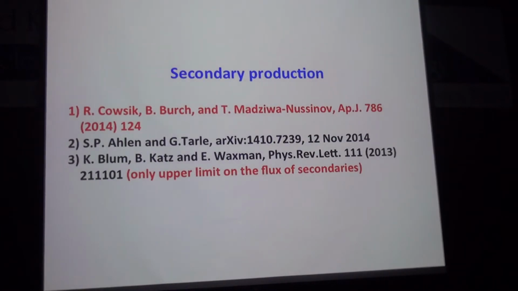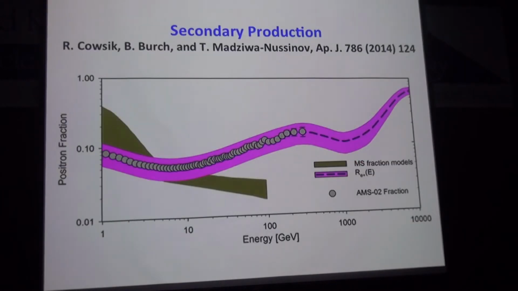And finally, this paper, especially Kosyk et al., claims that there's nothing new because cosmic ray propagation can generate this feature already. And this is their estimation. Here, the red is their model prediction, and the black line is the AMS result.